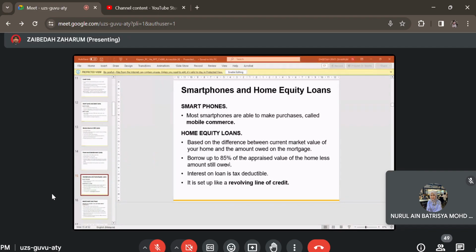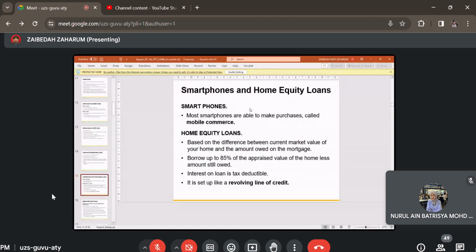Tadi home equity loan. Okay, home equity loan ni merupakan the difference between current market value of your home and the amount owed on the mortgage.